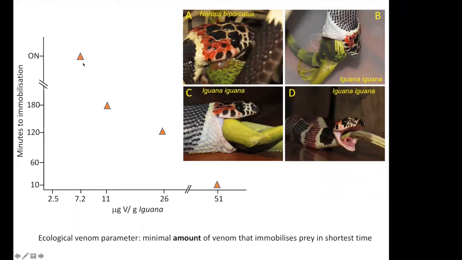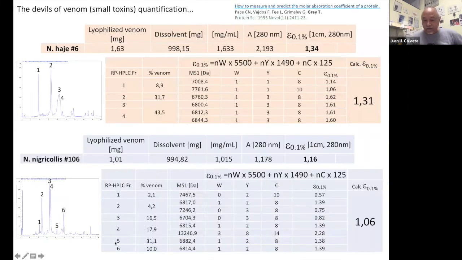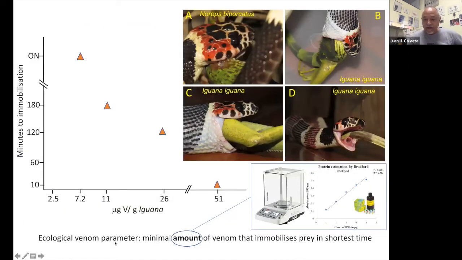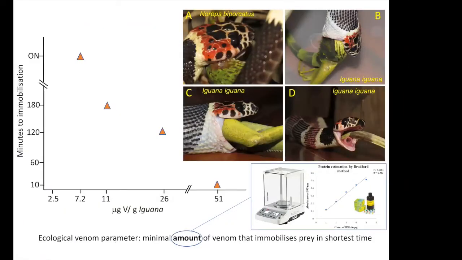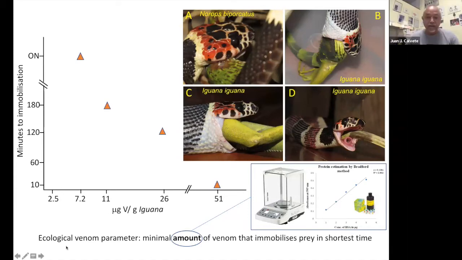So this means that perhaps we need to change the definition of the ecological parameter from the LD50 to the minimal amount of venom that immobilizes the prey in the shortest time.